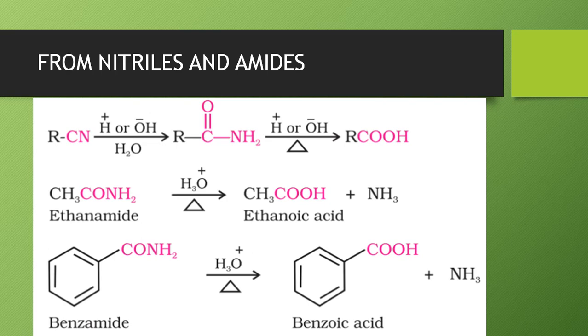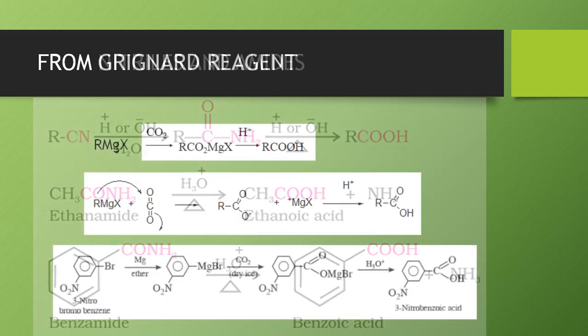So, the reaction is RCN on hydrolysis first gives you RCONH2 and then ultimately RCOOH. The amide may be aliphatic or it may be aromatic. So, benzamide also on hydrolysis can give you benzoic acid.